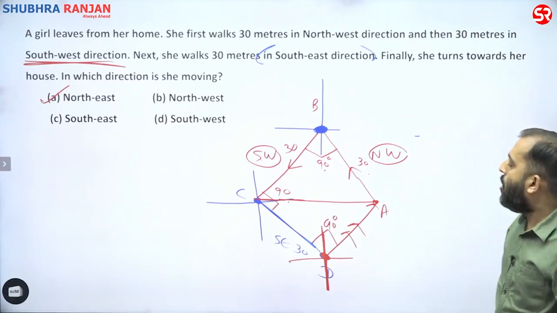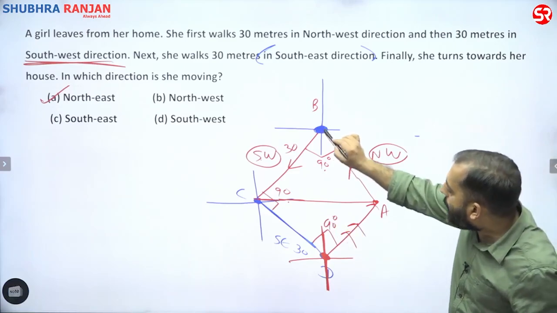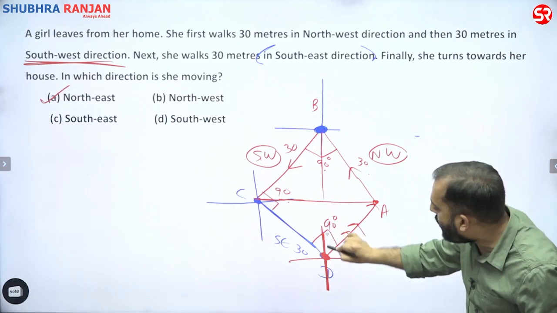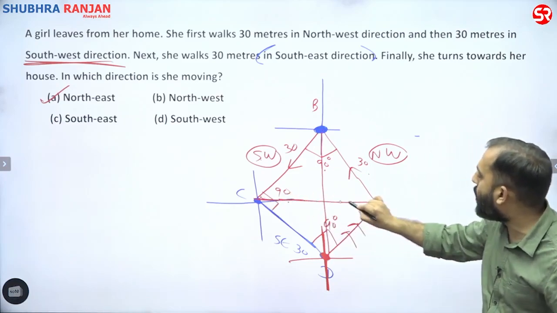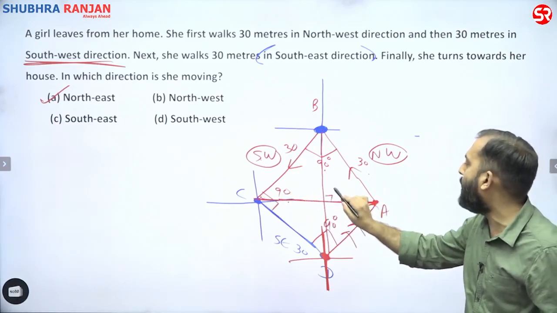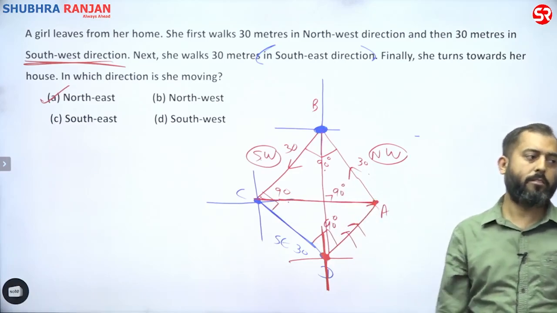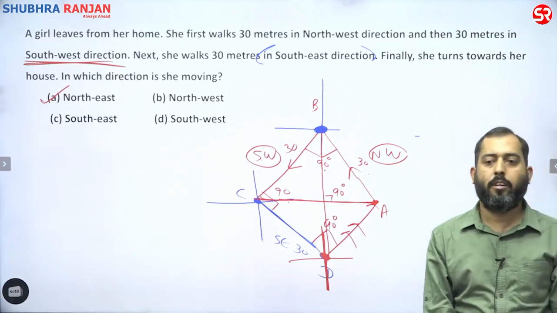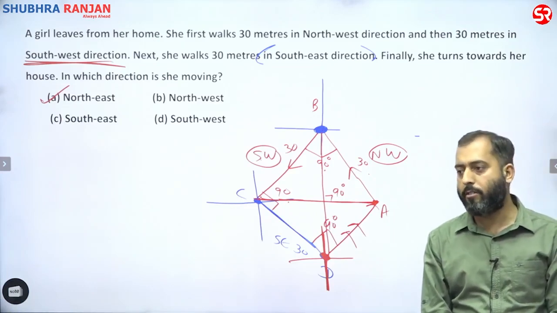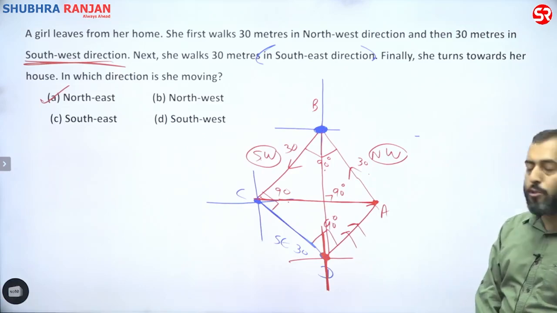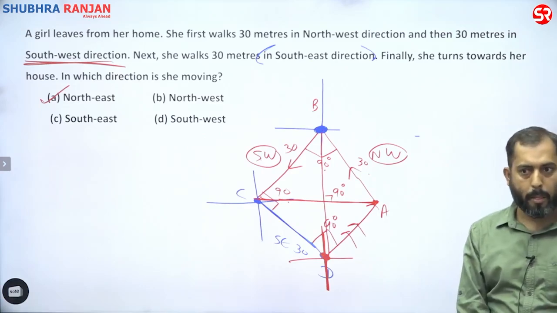Okay, so by geometry, if you pay attention, this figure is going to be a square. This angle has to be 90 degree again. Clear? Any doubt, guys? So the answer of this question has to be northeast.